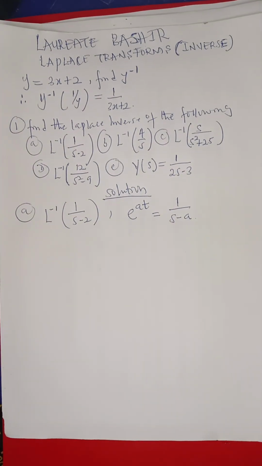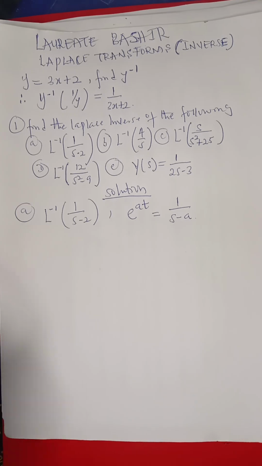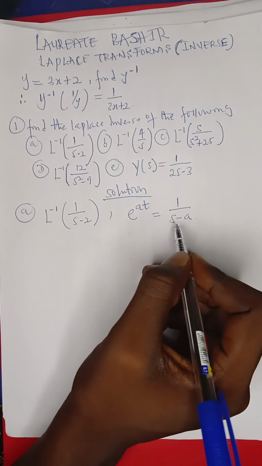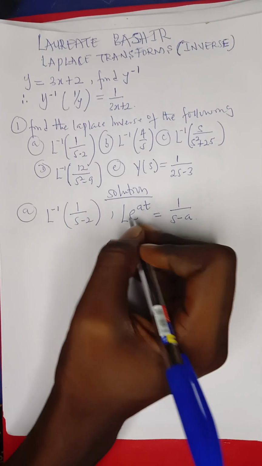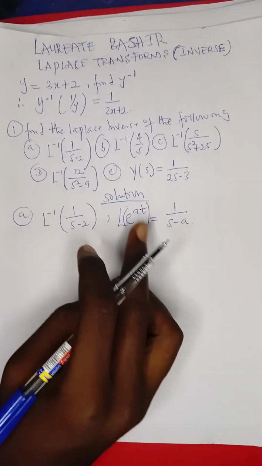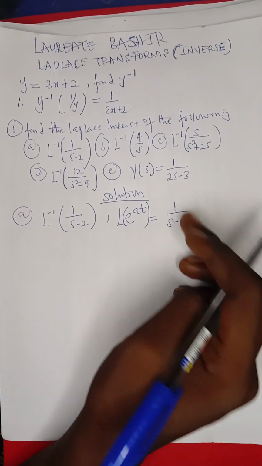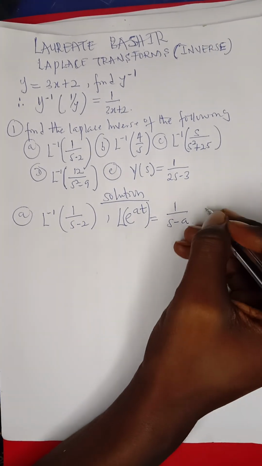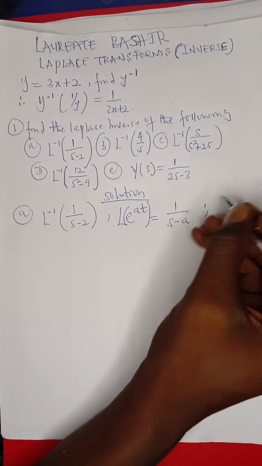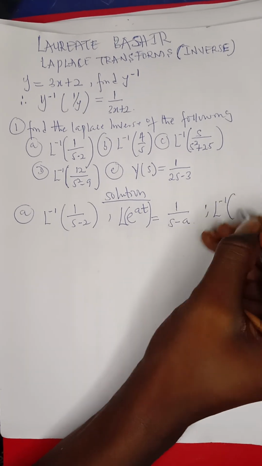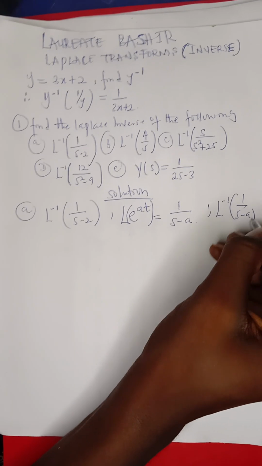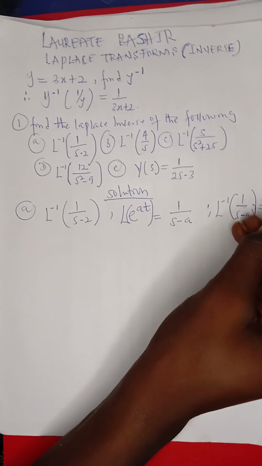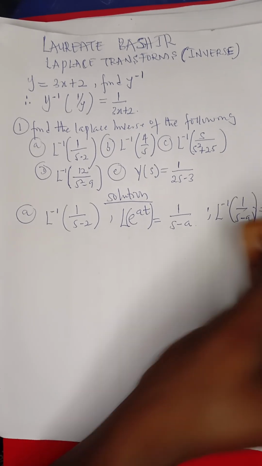That's the Laplace. So the Laplace of exponential at is equal to 1 over s minus a. Therefore, you can conclude that the Laplace inverse of 1 over s minus a is equal to exponential at.